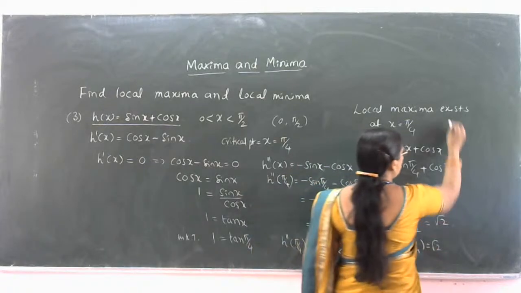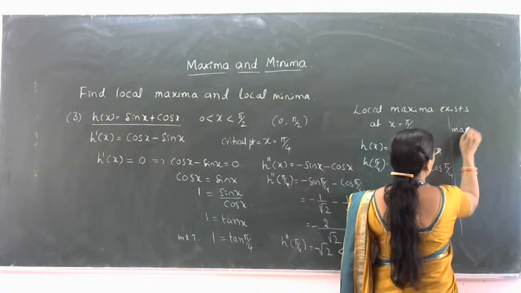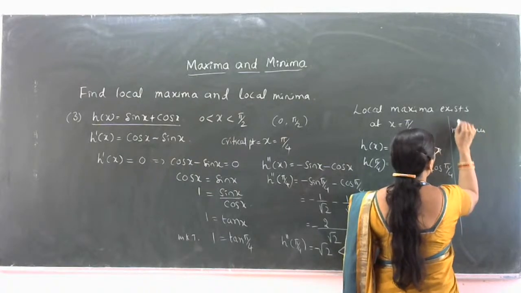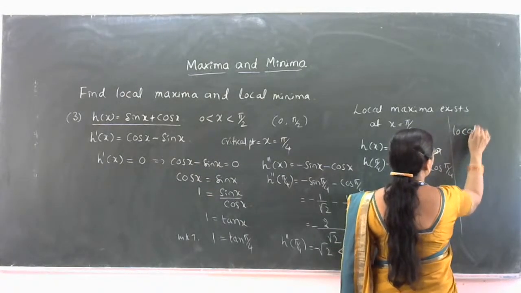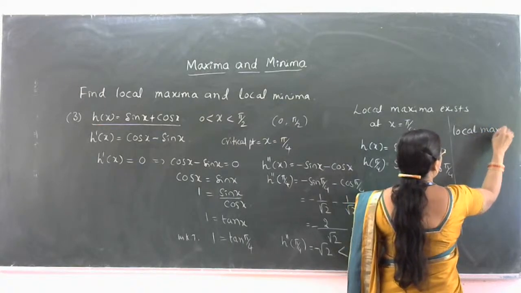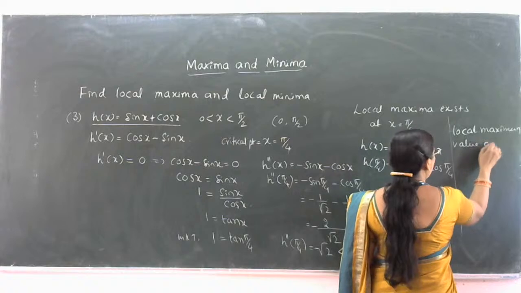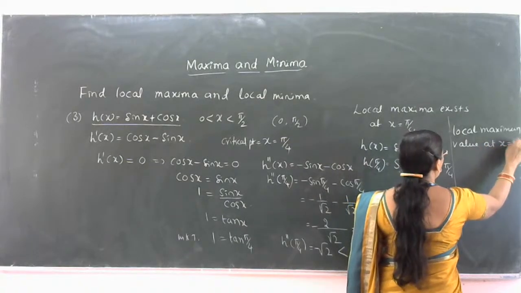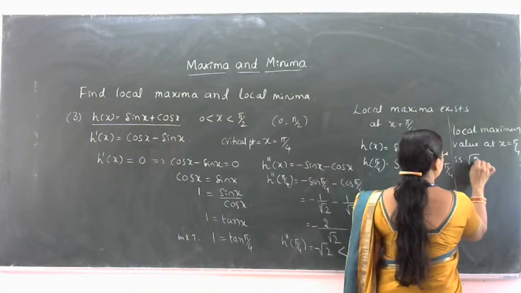Therefore, the local maximum value at x equal to pi by 4 is root 2.